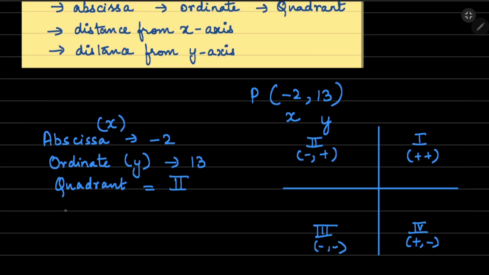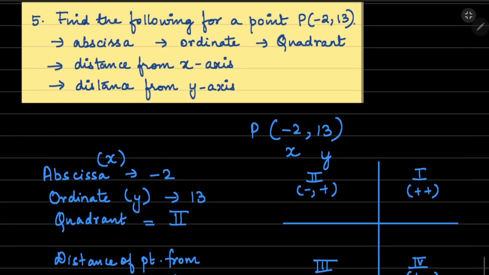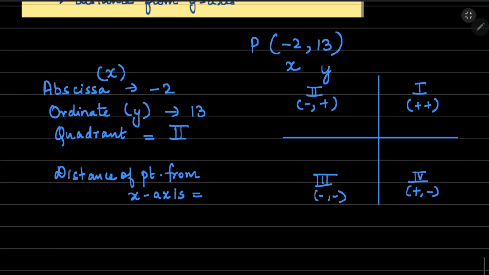So which quadrant does it lie? Second quadrant. And next question, distance from x-axis. What is the distance of the point from x-axis? The distance of a point from x-axis will always be your y coordinate. What is your y coordinate here? It is 13, right?